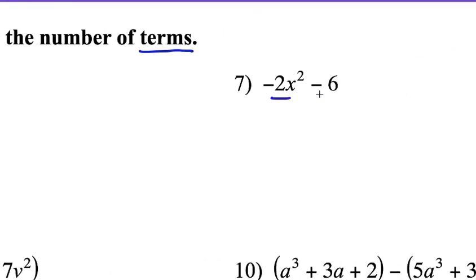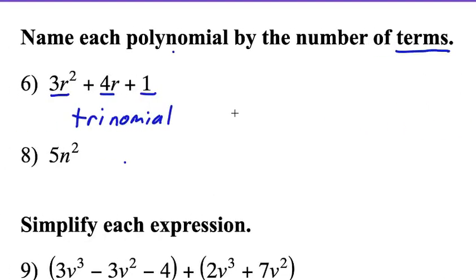Number 7, we have 1, 2 terms. And so we call this a binomial. And when we have a polynomial that has just one term, we call it a monomial.